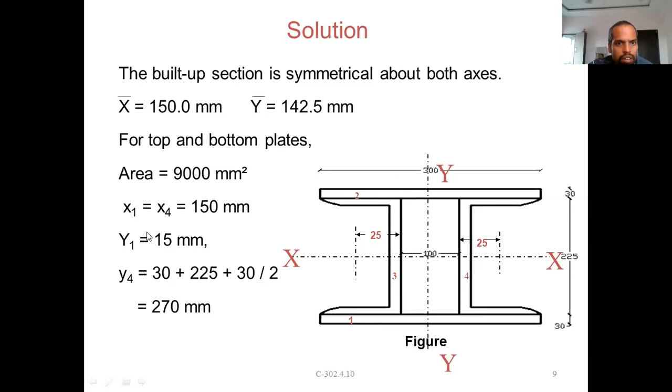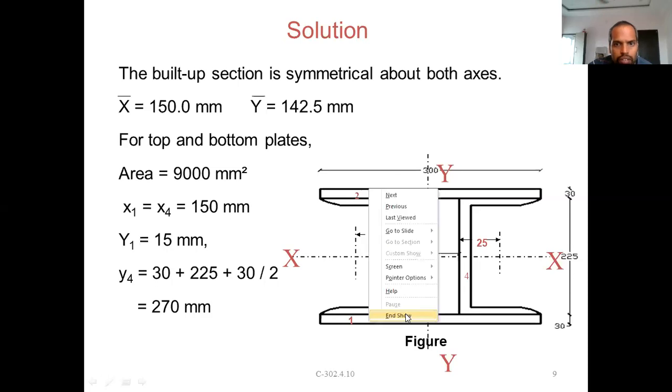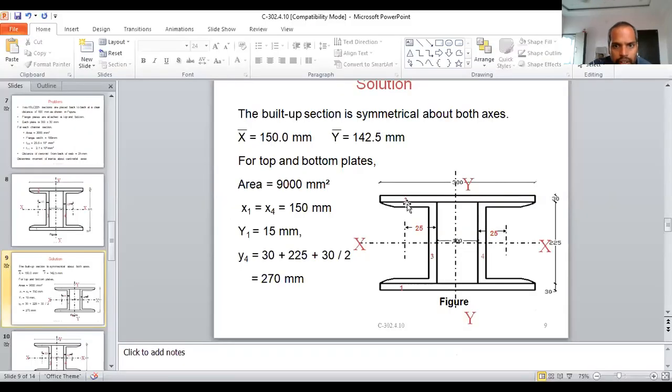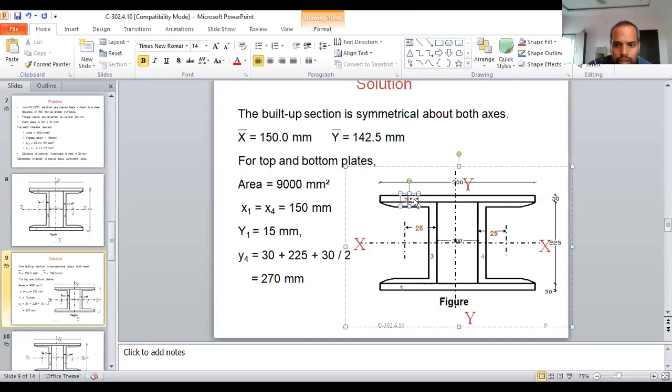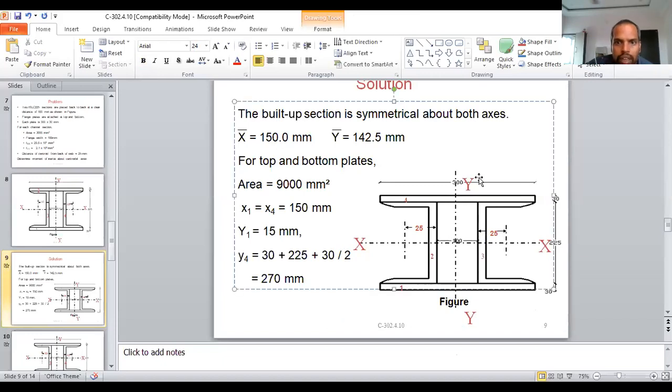That is very wrong. So as per your calculation, 1 is this one and 4 is the top plate. So this is 4 and this one is probably 2. Of course, these numbers 2 and 3 may be interchanged, nothing will happen. Okay, right?